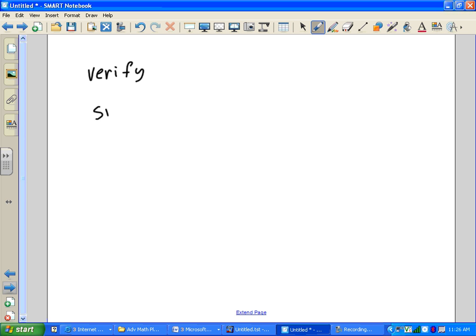All right, so we got the sine of 3 pi over 2 plus theta equals negative cosine theta. So remember, it'll be multiple choice, okay? But I'm not even going to show you the multiple choice. We're actually going to do this out.